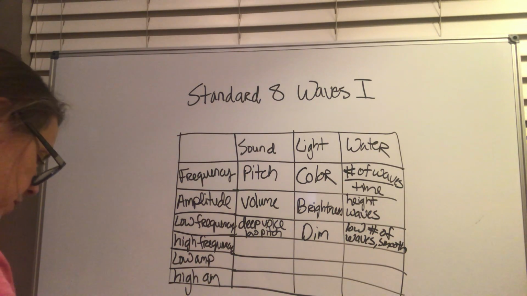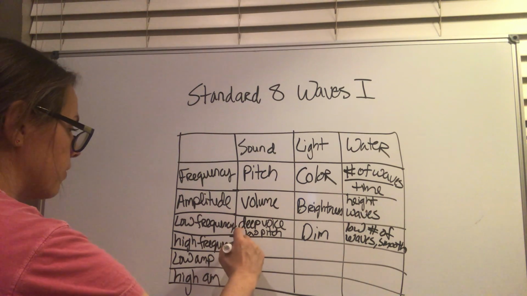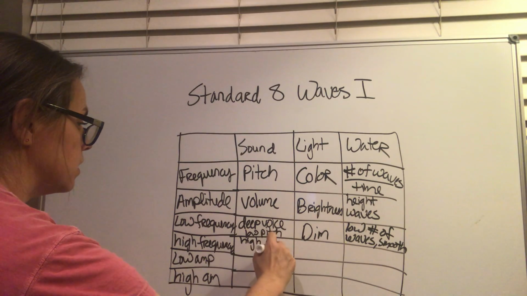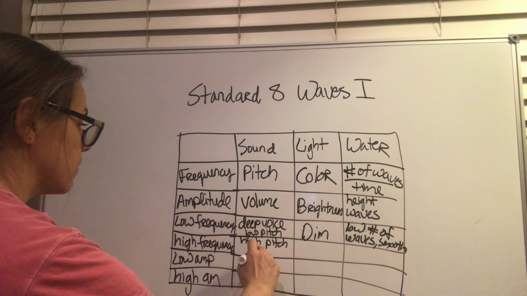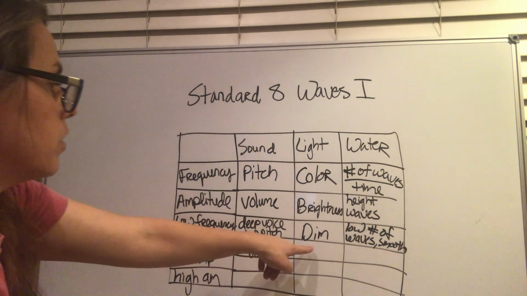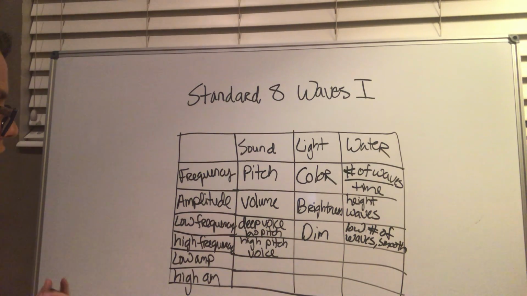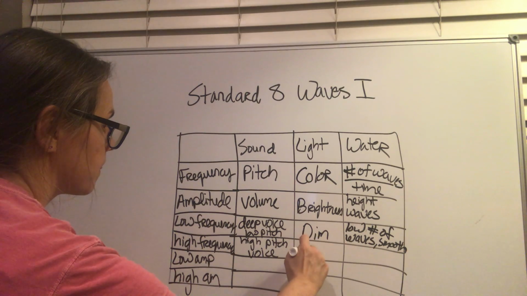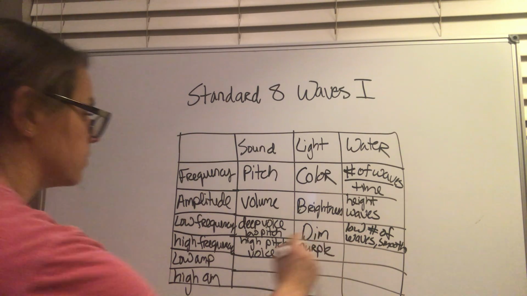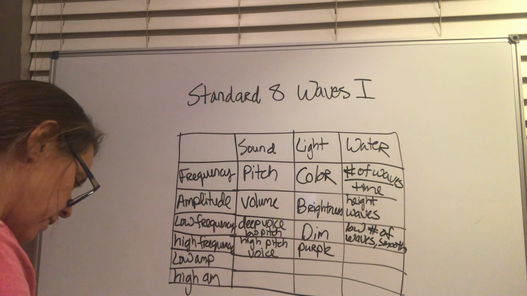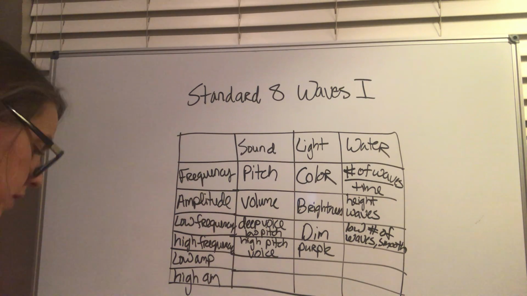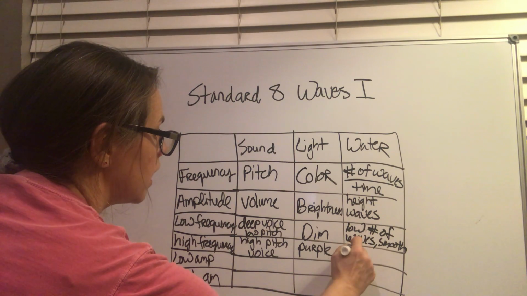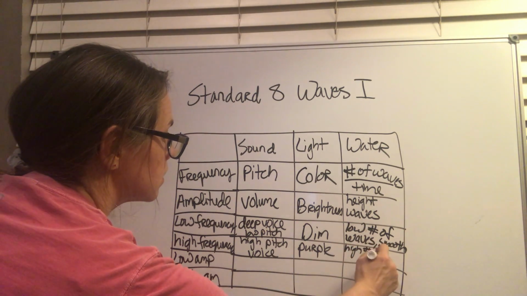And then if we have high frequency, we're going to have a high pitched voice. If we have high frequency light, that's a certain color, and we know that that's purple. And then if we have high frequency waves, we just have a high number of waves.